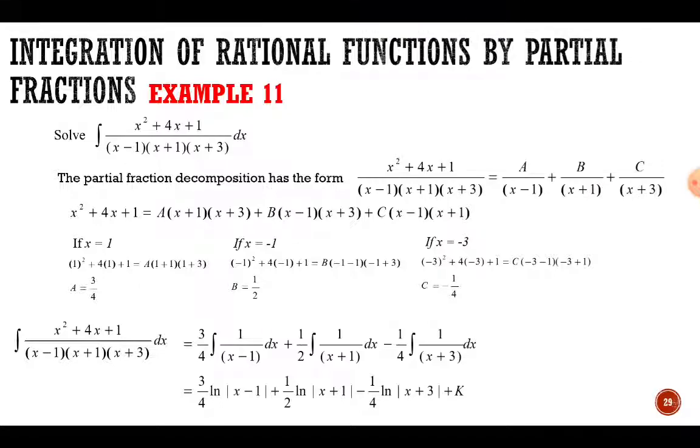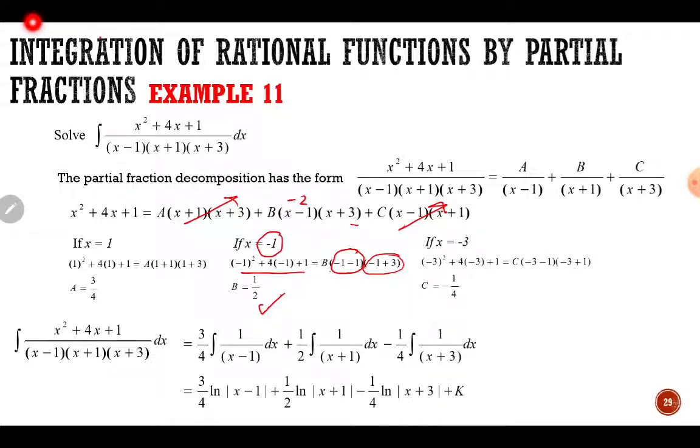Sama juga konsep dia. Yang ni pula kita let x equals to negative 1. So when you let x equals to negative 1, this term and this term akan jadi kosong. So yang this part pula kita akan dapat negative 2, negative 2, negative 1 tambah dengan 3. Ni saya dah ganti dah. Okay, negative 2, negative 1 tambah 3 darab dengan B. So gantikan, kita dapat B sama dengan 1/2. And finally, kita let x equals to negative 3.